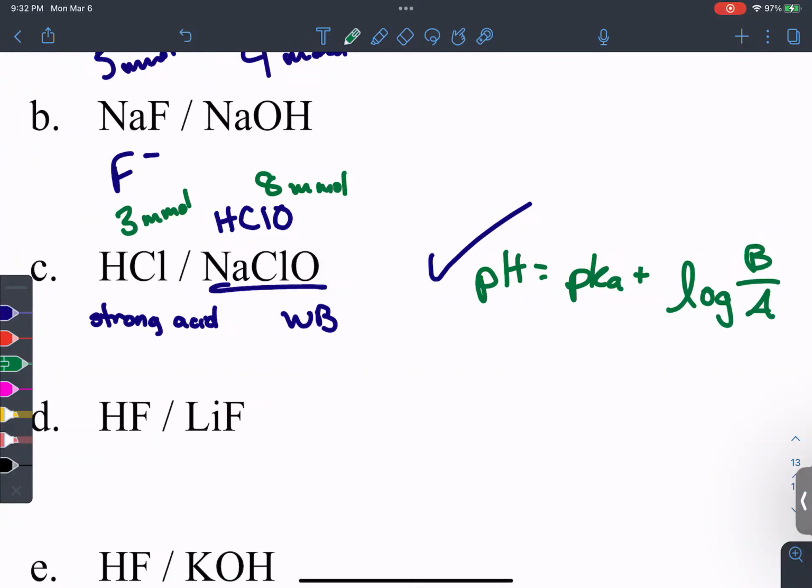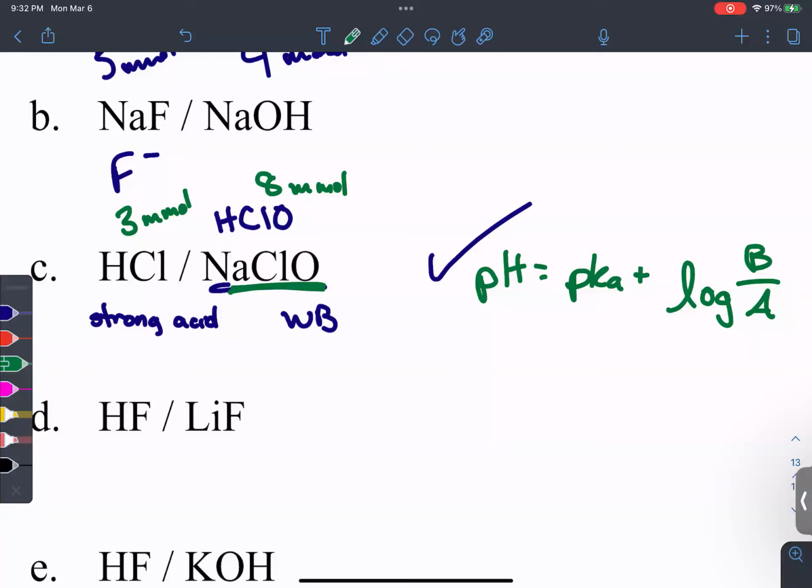Pretend I know the pKa already. What's my base to acid ratio that I put into the Henderson-Hasselbalch equation? What do I put in? 8/3? No. No.